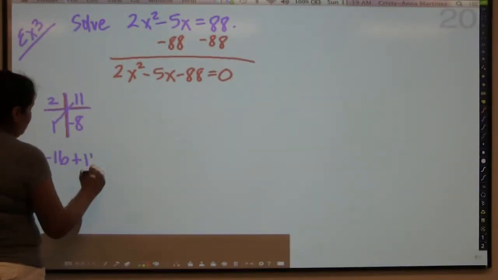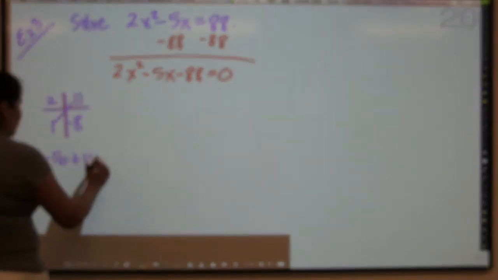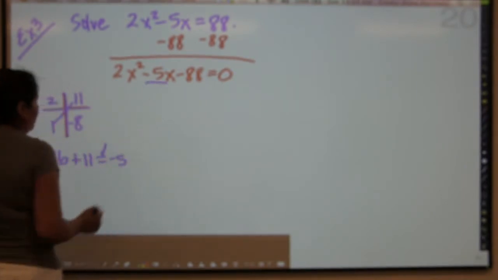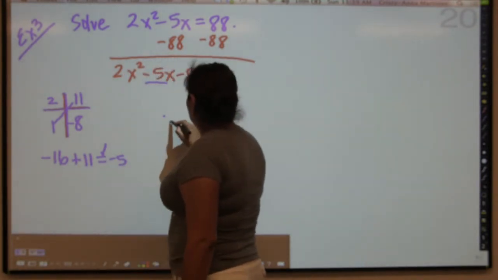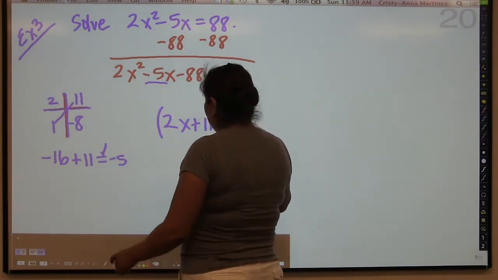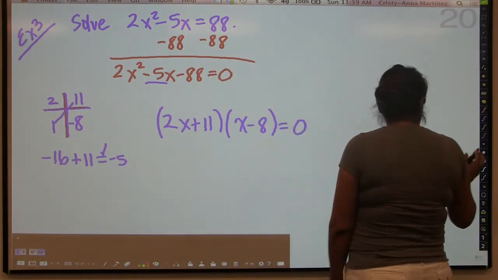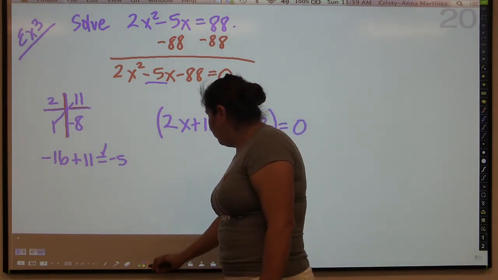And 1 times 11 is 11. So negative 16 plus 11 is negative 5. And that's what we wanted for the middle term, negative 5. So the factorization works. So now I factor it, and it will be 2x plus 11, and then x minus 8 equal to 0. And then we will separate the two factors and solve them individually.